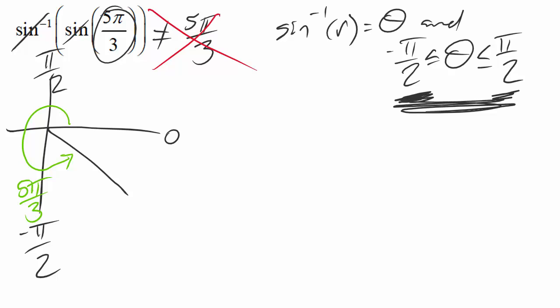But again, 5 pi over 3 is too big. We need it to be something between negative pi over 2 and pi over 2. So what we're going to do instead is look at that whole negative aspect of our angle and look at its measure clockwise instead of counterclockwise.